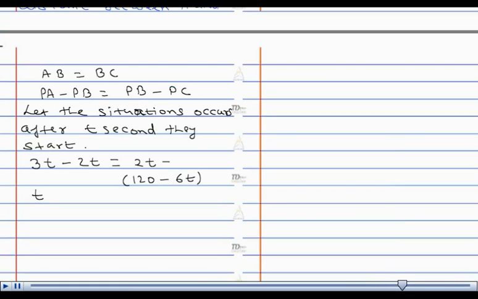So 3t minus 2t is equal to 2t minus 120 plus 6t.